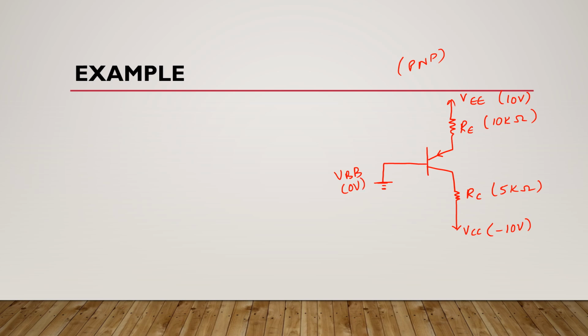Now if we have an AC source here which is VI and if we have a capacitor here, so how are you going to start your analysis? First we will do DC analysis of this circuit.